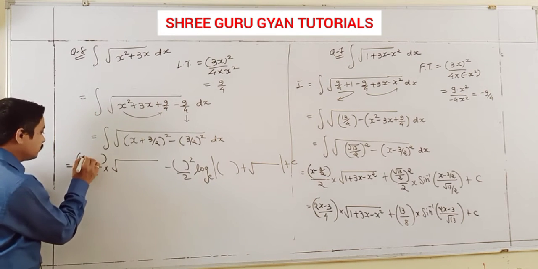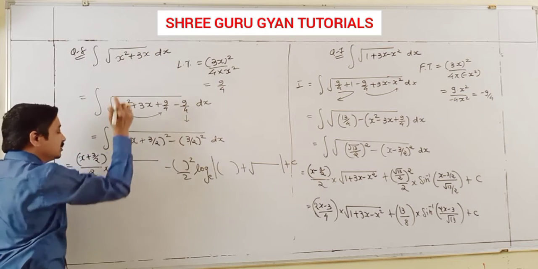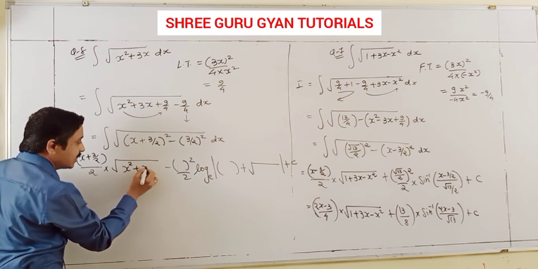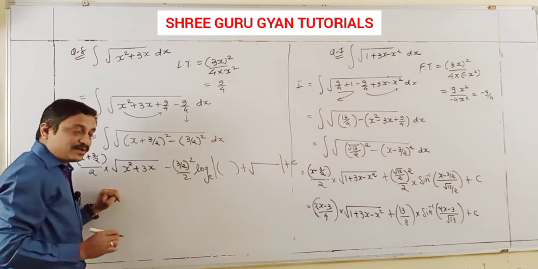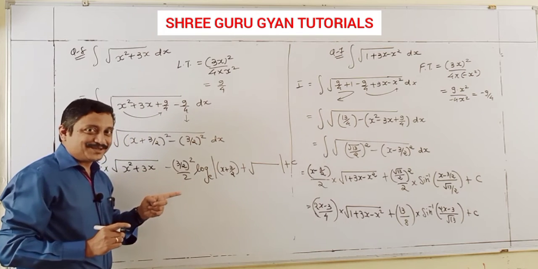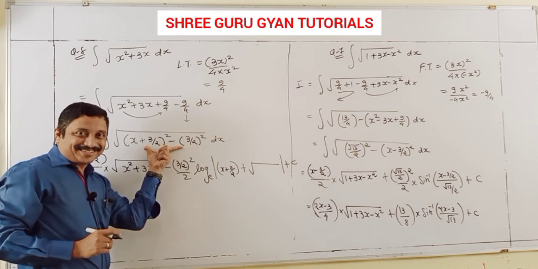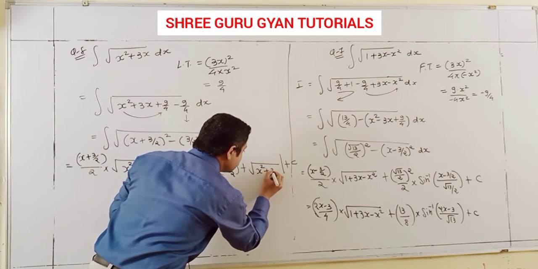Your x plus 3 by 2 root, you write down fully the question x square plus 3x. Now what is your a? 3 by 2. Again show x plus 3 by 2, and that one root, it means this one, it means the question x square plus 3x.